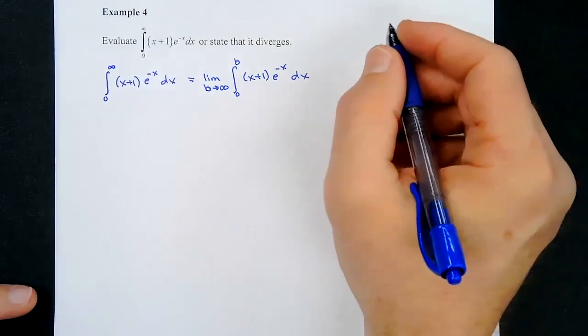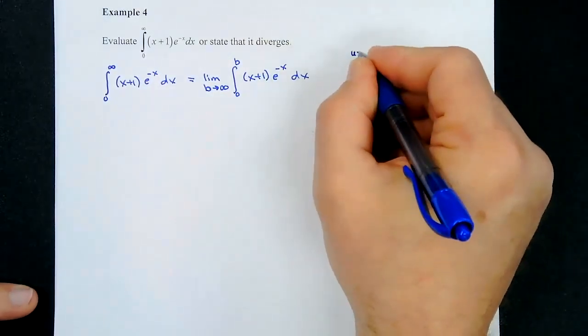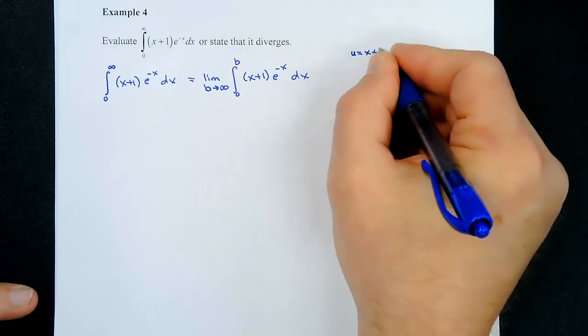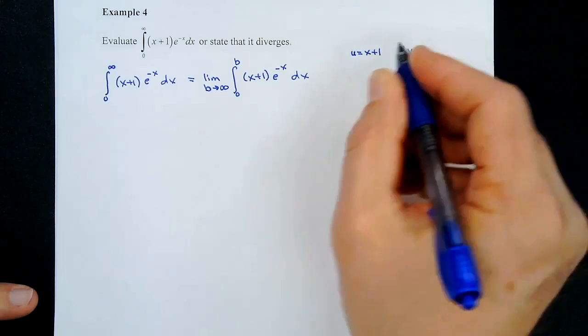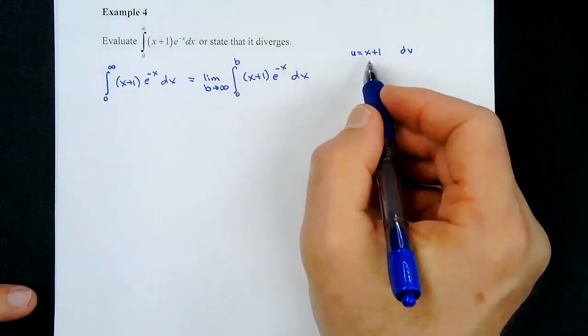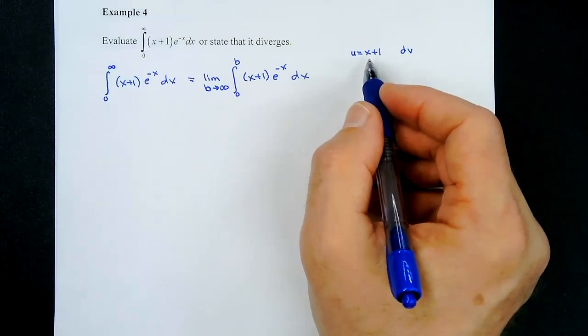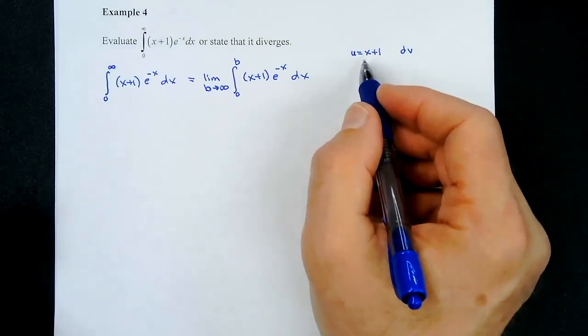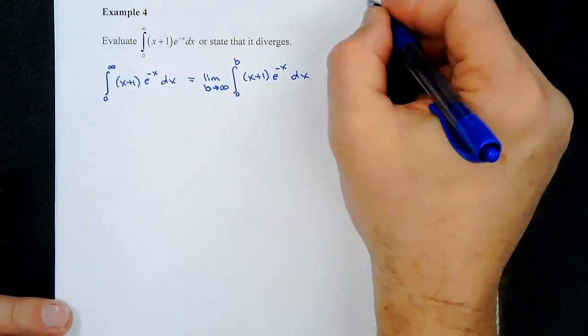Okay, so if we do this, we're going to let u equal x plus 1, and we're going to let dv, and then we want LIPET is what you choose for u. Logarithms, inverse trig functions, polynomials. I can't spell it.